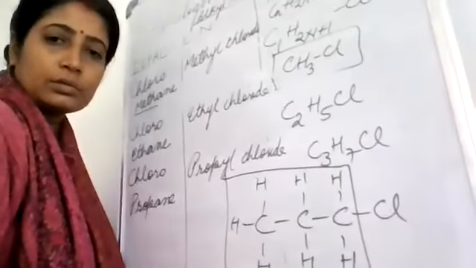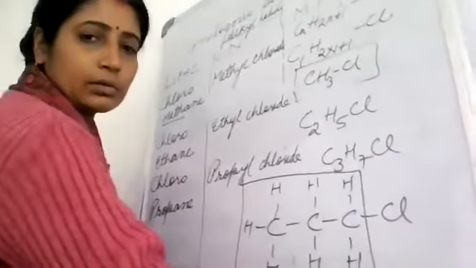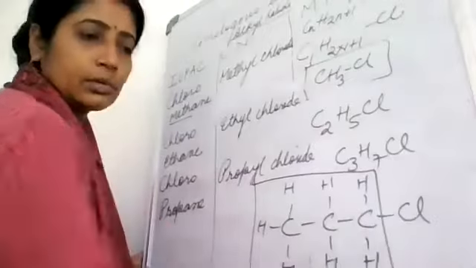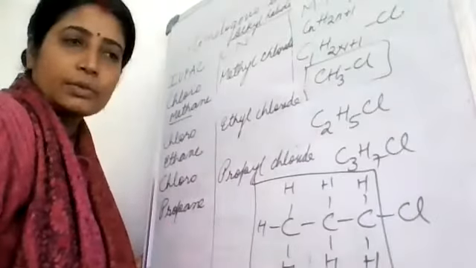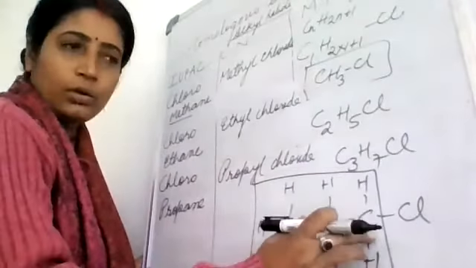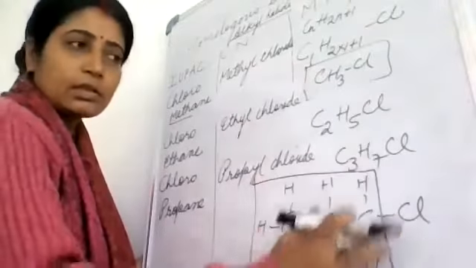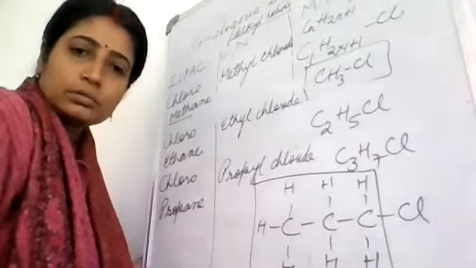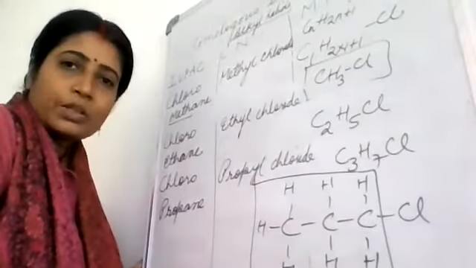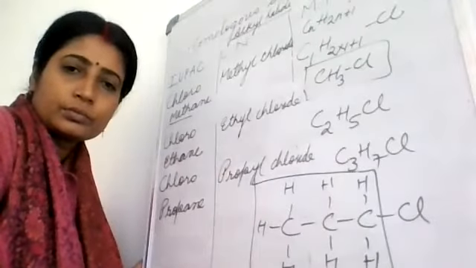C3 and how many H? 7, and this Cl you have written here. Hope this is clear to you.